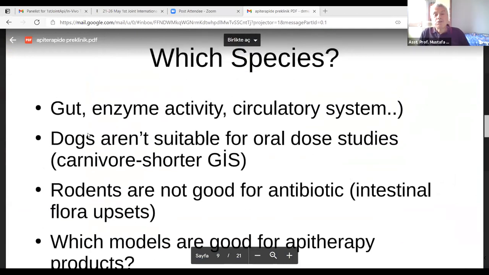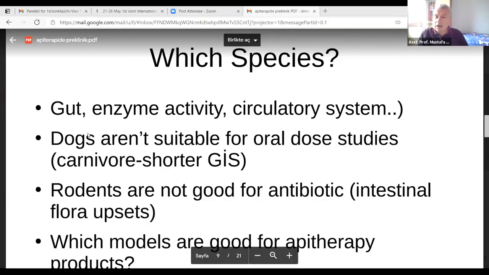And also, when we do the animal studies, which species do we choose? For example, digestive system, circulatory system, they are all important. Which one can represent human beings more accurately? Like dogs, are they suitable for oral dose studies, especially for solid drugs, meaning tablets, etc.? Well, they may not be because they have a shorter gastrointestinal system.